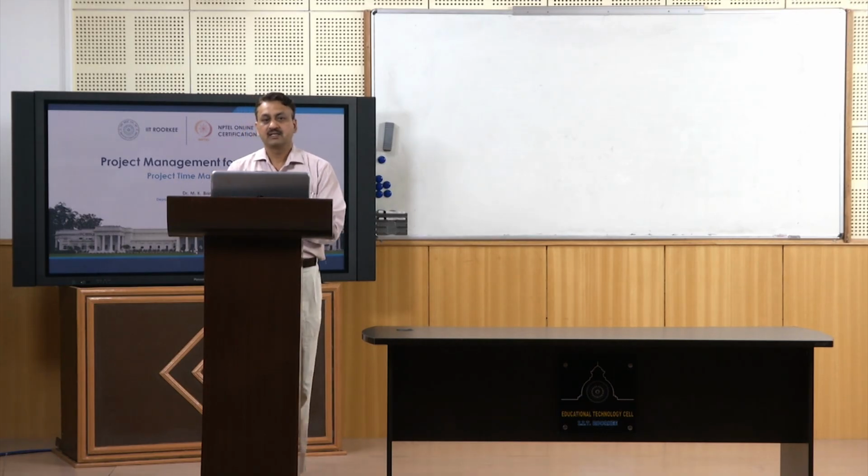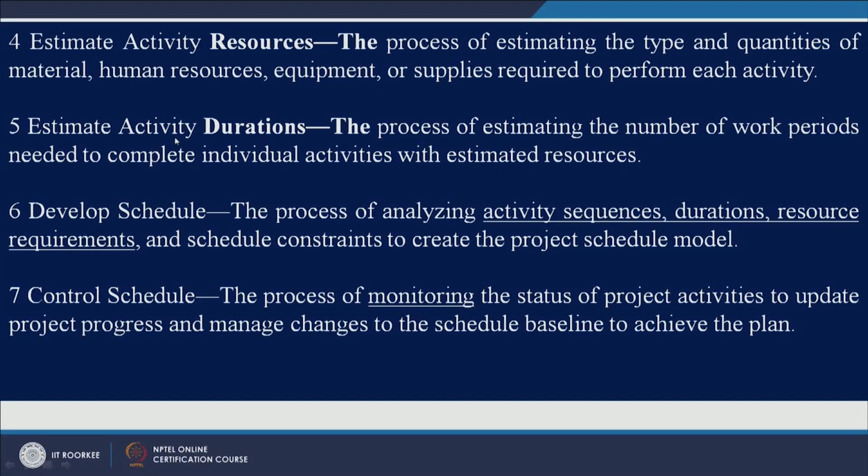Now there is a direct relationship between activity duration and resources required to complete that activity. Once you are done with estimation of activity resources, you should also estimate the duration of the activity.